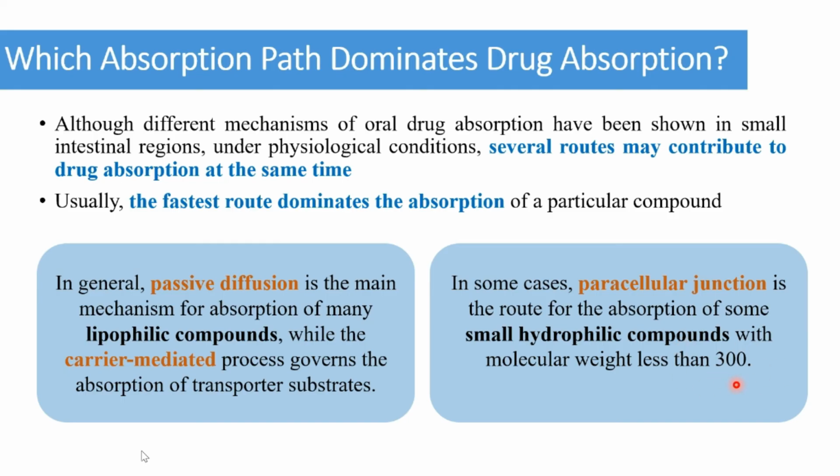So we can actually predict it from the characteristics of the drug. For example, whether it's a lipophilic or hydrophilic compound. If it's a small hydrophilic compound, we can look at the molecular weight of the drug. If it's less than 300, it can be transported by paracellular routes.